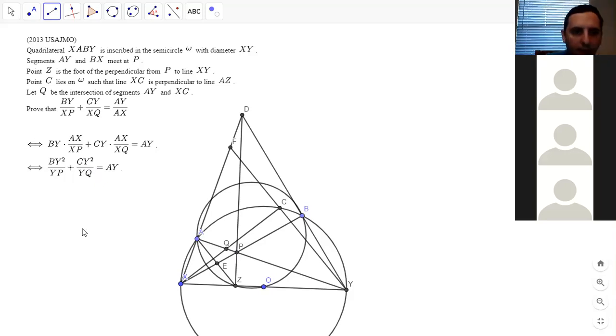So AY times PY, maybe this is equal to AQ, BY squared. Could it be true that YP times AQ is BY squared?